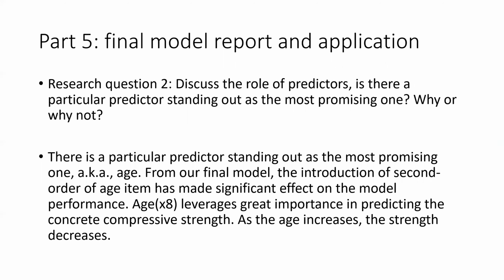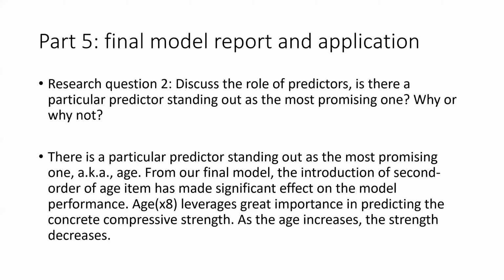The second research question is to discuss the role of predictors. Is there a particular predictor standing out as the most promising one? Why or why not? From our formal analysis, we can see that there is a particular predictor standing out as the most promising one, which is age.